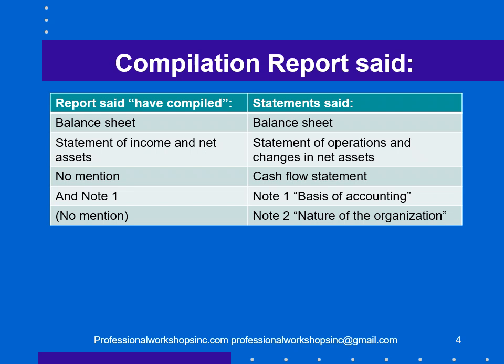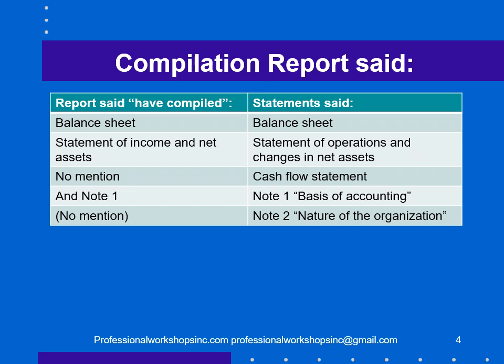And then the statement included a cash flow statement, which is not required. It's an extra bonus addition. It starts to give the appearance that, I don't know, we did more than we said we did. There was no mention of the cash flow statement in the compilation report.